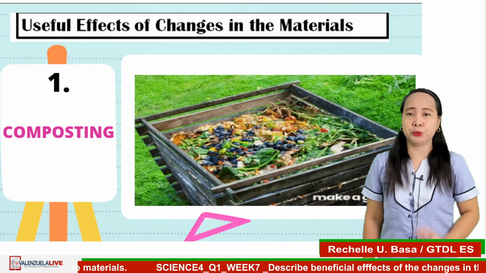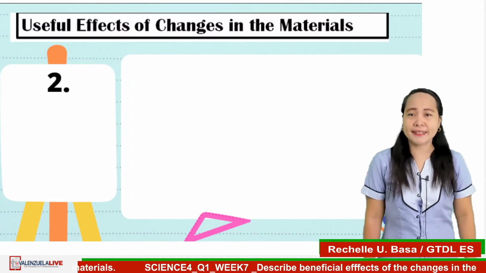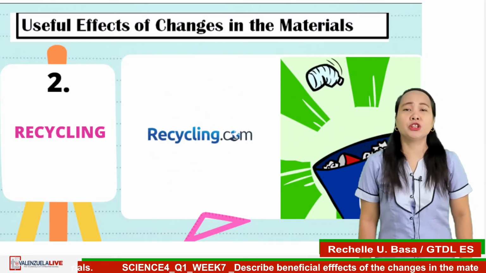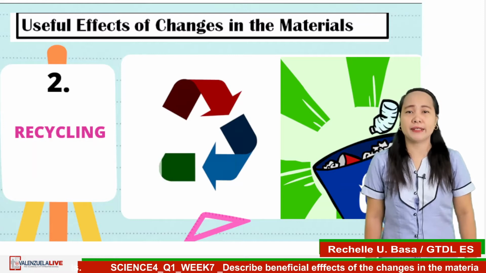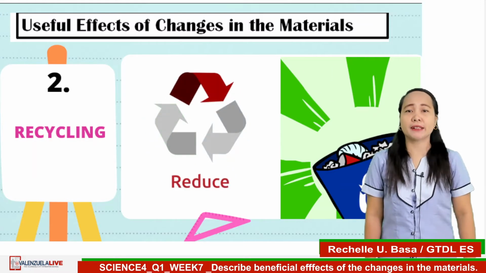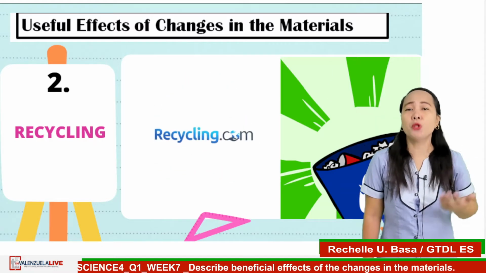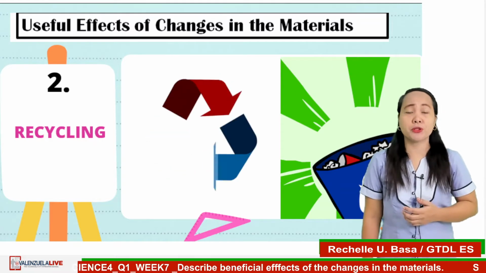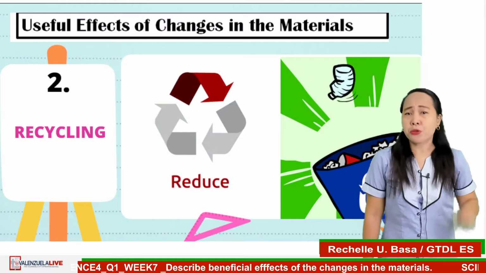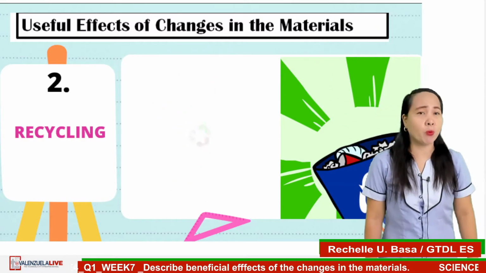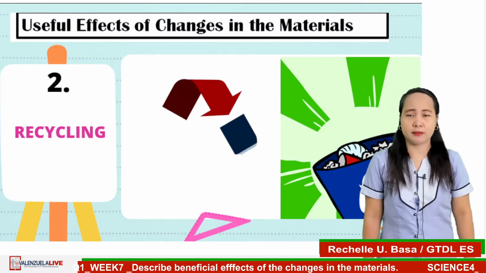Number 2, recycling. Recycling reduces carbon dioxide emission and helps protect the environment. Recycling provides new raw materials and contributes to saving energy. Today, the recycling industry provides half of the world's raw material.